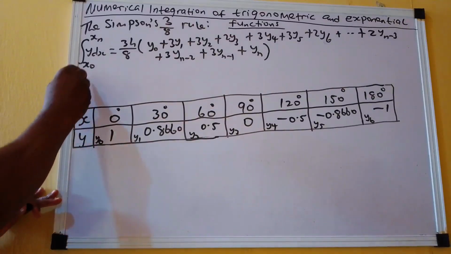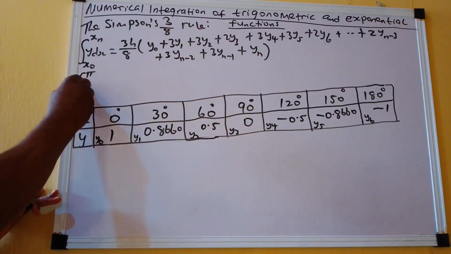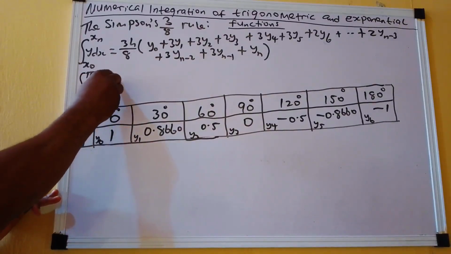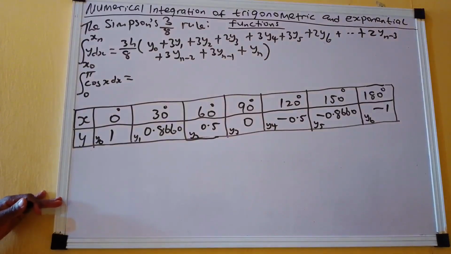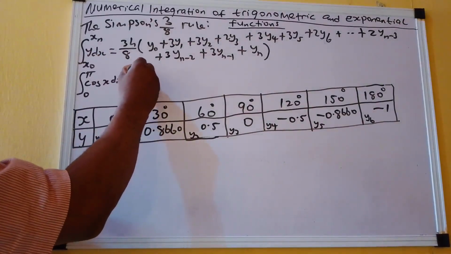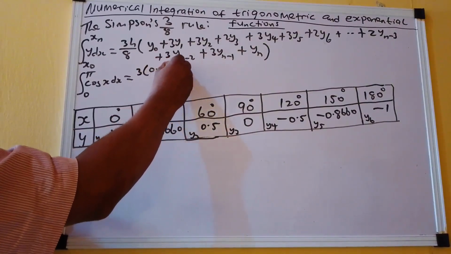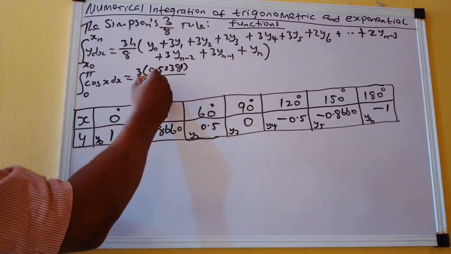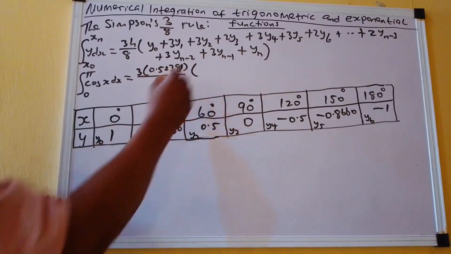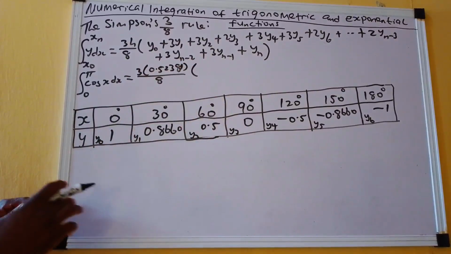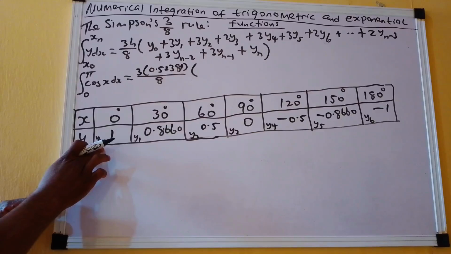So our integral from 0 to pi of cos x dx will now be equal to our h, gotten in radians, which is 0.52381. So we are going to have 3 into 0.52381 all over 8 into bracket open. Now, what is our y1?